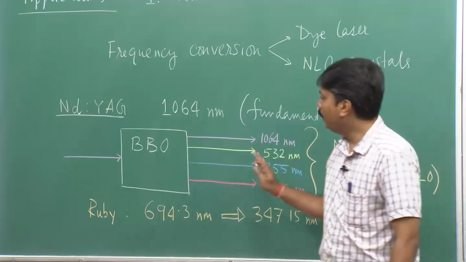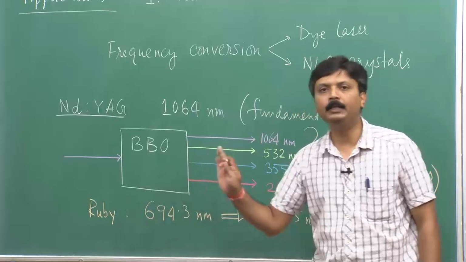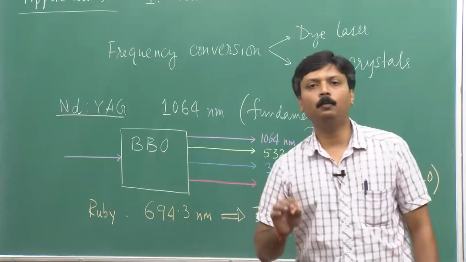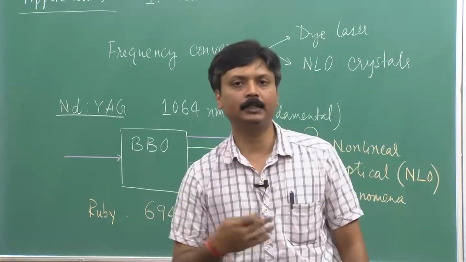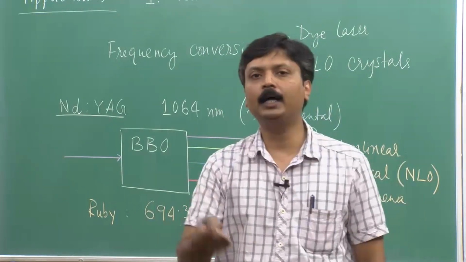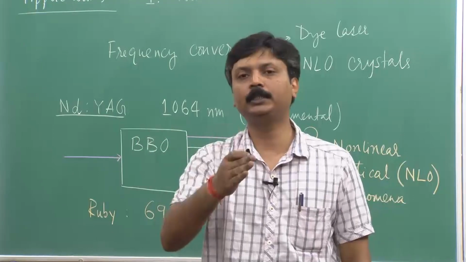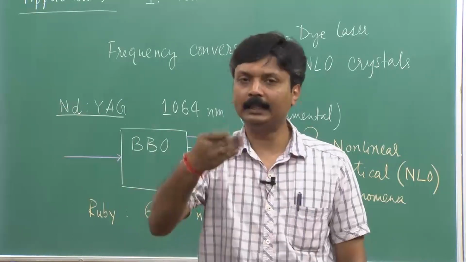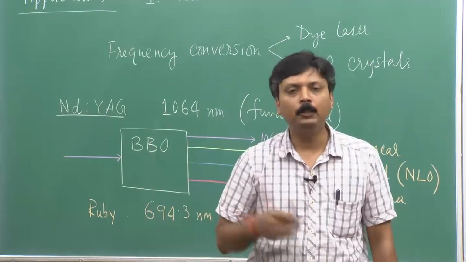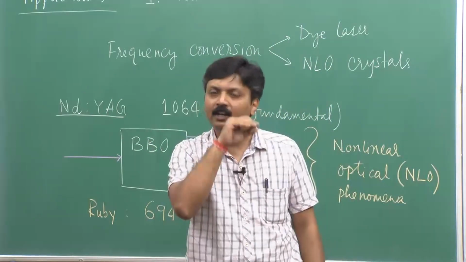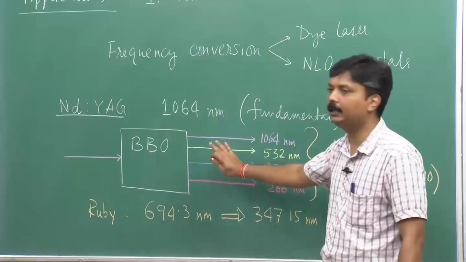Whenever this kind of frequency conversion takes place, what is the advantage? One can easily think about having just fluorescence, right? I choose a dye, I get a fluorescence, and fluorescence is redshifted compared to the excitation wavelength. So I could easily get that frequency conversion by choosing a particular dye. So what is the advantage of this kind of frequency conversion?